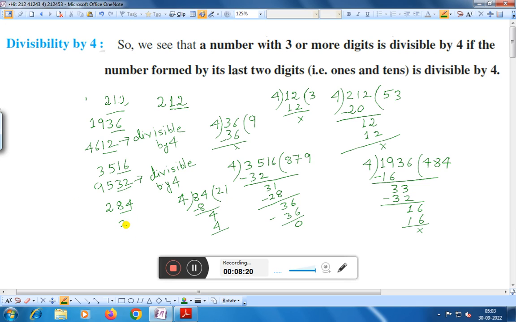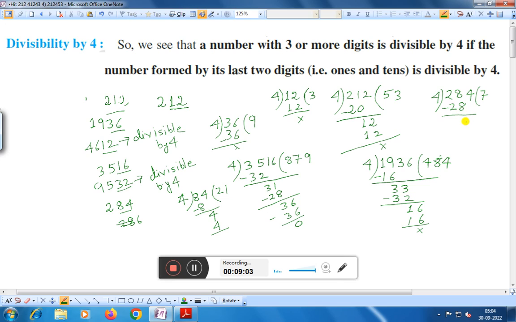Okay, let us divide 284 by 4. 4 sevens are 28.